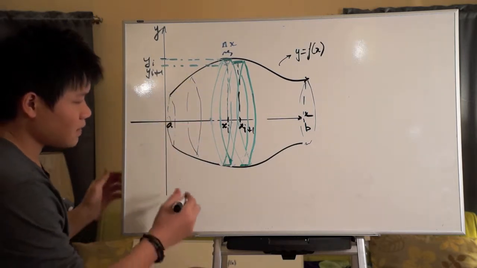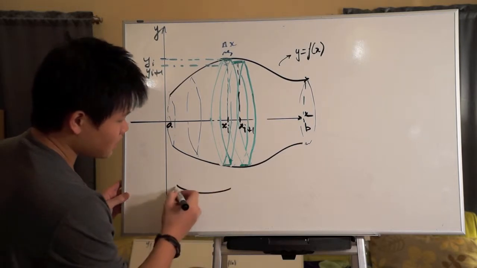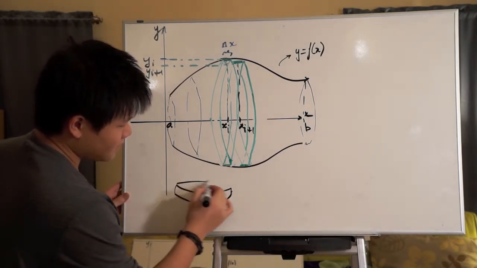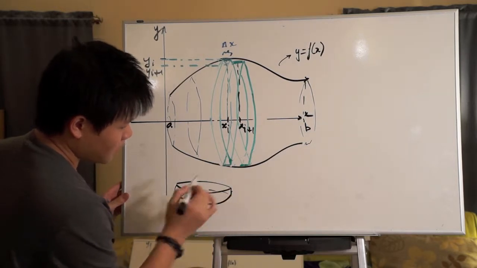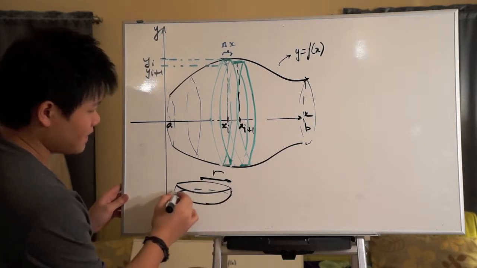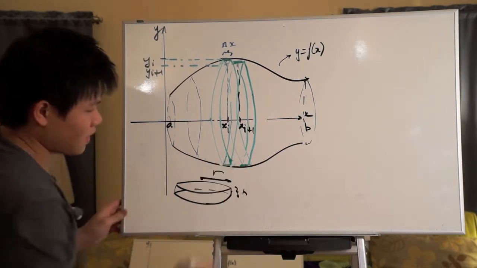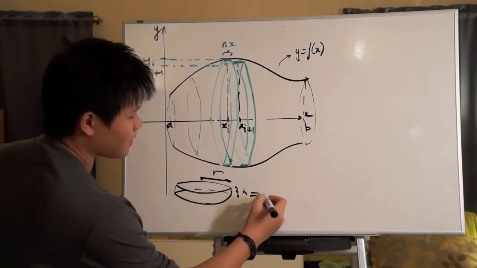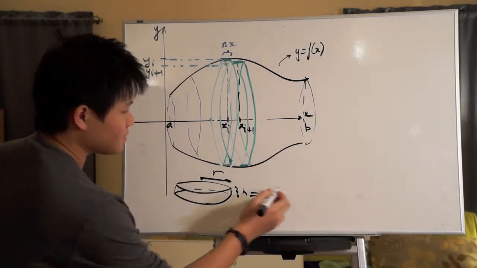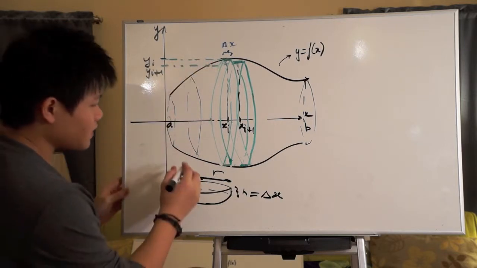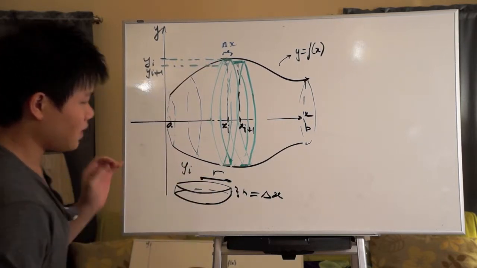It has some radius r and some height, and the height here is some delta x, and r here is just the corresponding y value that we have.